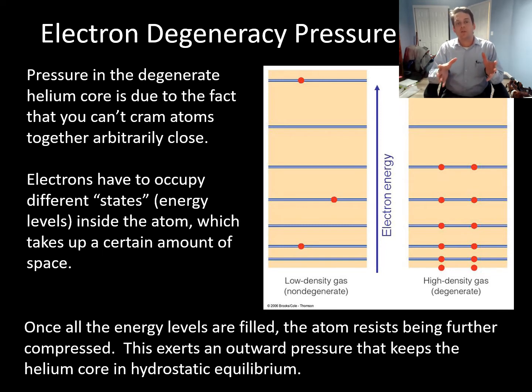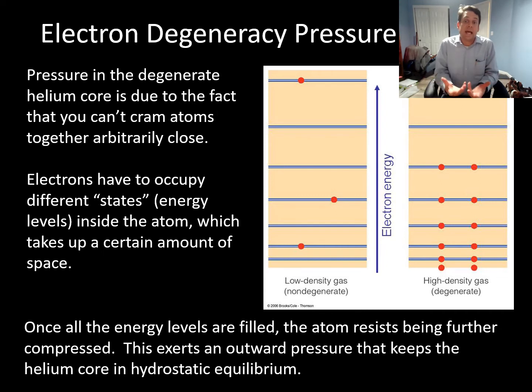The pressure that we call electron degeneracy pressure is due to the fact that it turns out you can't cram things arbitrarily close together here. In particular, you can't cram helium nuclei infinitely close together, and you can't push electrons infinitely close together.